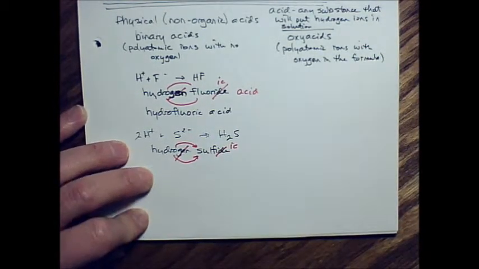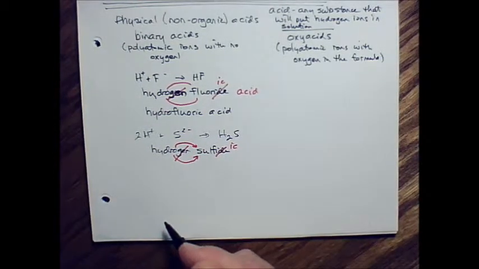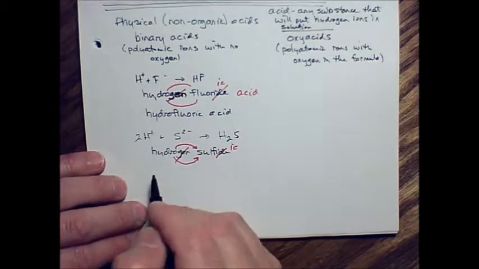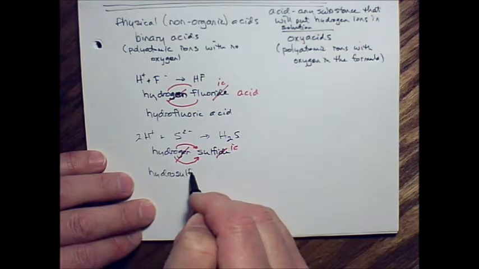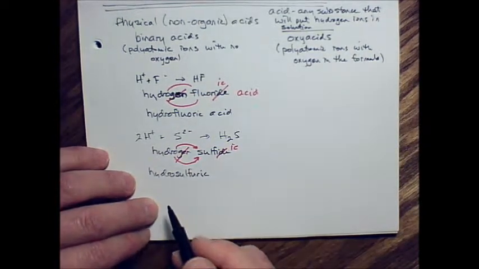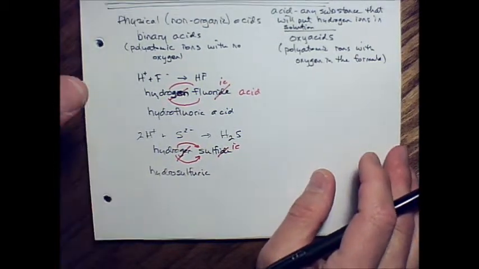So that's hydro. But with sulfur we put the UR back on there because it sounds better. Hydrosulfuric acid. Doesn't that sound better? We put the UR back on the sulfur, we put the OR back on phosphorus when that happens. But if you don't get that just yet, we'll practice some more.